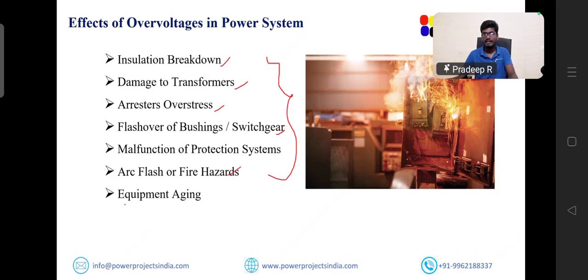Then, when continuous over voltage is impacting any equipment, the equipment will be getting an aging factor. That will also be a constraint. When the equipment is continuously getting the over voltage effect, it will reduce its life, so the total lifetime of the equipment will be reduced here.